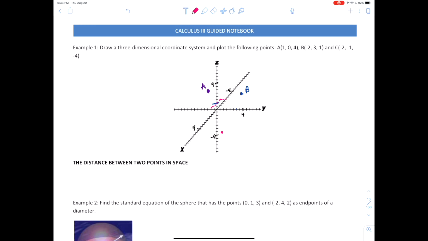So these are the points in 3D. Okay. And that was C. Something like that.